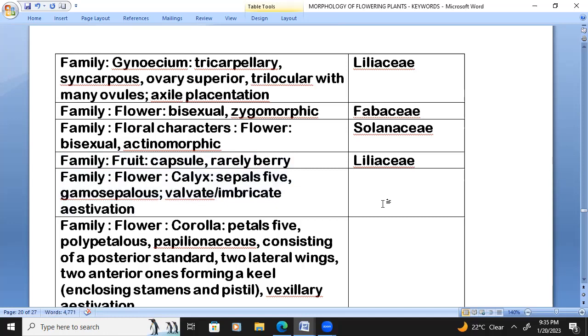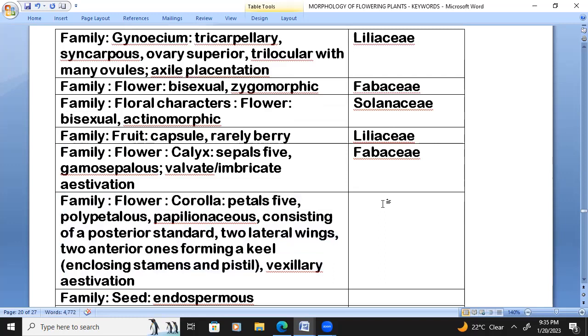Flower calyx sepals 5, gamosepalous, valvate or imbricate aestivation, Fabaceae. Corolla petals 5, polypetalous, papilionaceous, consisting of a posterior standard, two lateral wings, two anterior ones forming a keel enclosing stamens and pistil, vexillary aestivation, Fabaceae.